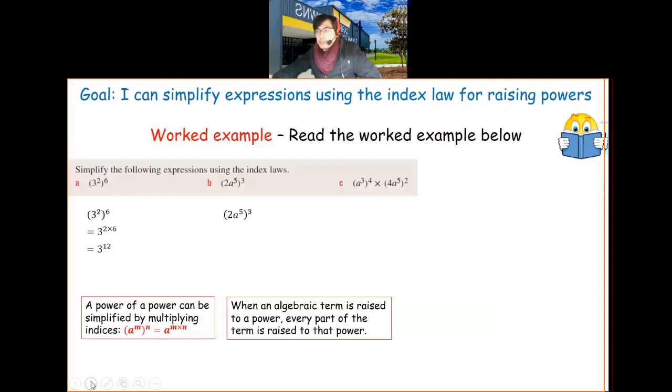So here we have 2 raised to the power of 3 multiplied by a to the power of 5, all raised to the power of 3. Okay, and so we have 2 to the power of 3 multiplied by a to the power of 5 times 3, and that's going to give us 2 to the power of 3 times a to the power of 15, okay?